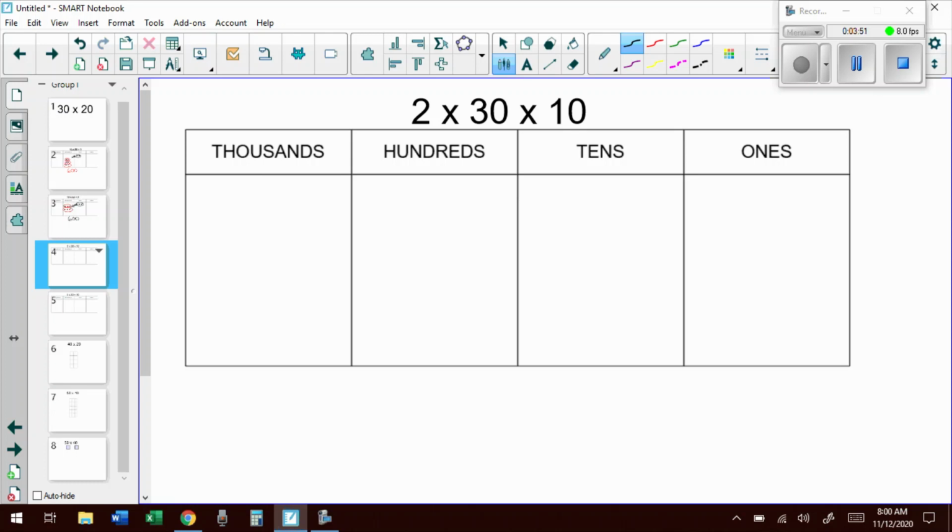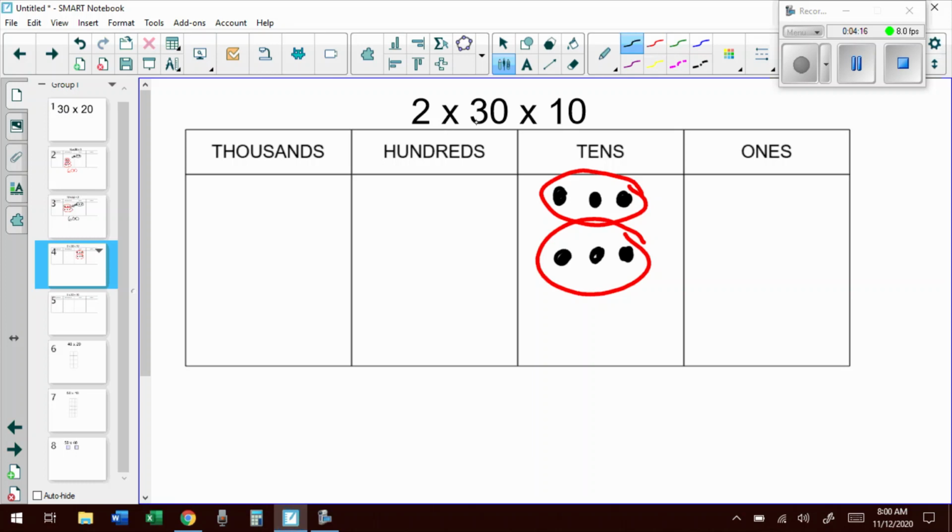Another way is to take 30 and multiply that by 2 right away. So I have 1 30 and 2 30s.